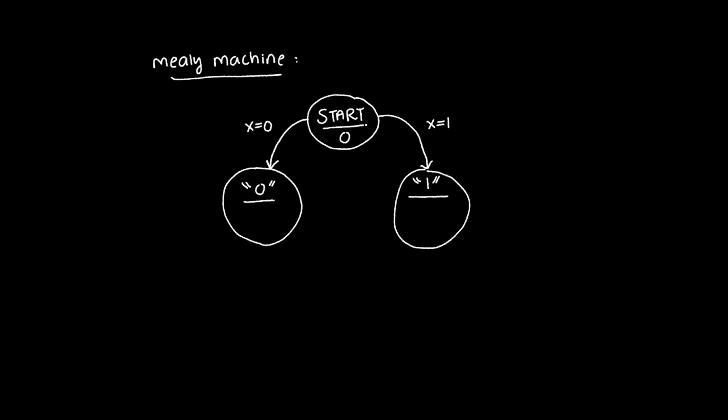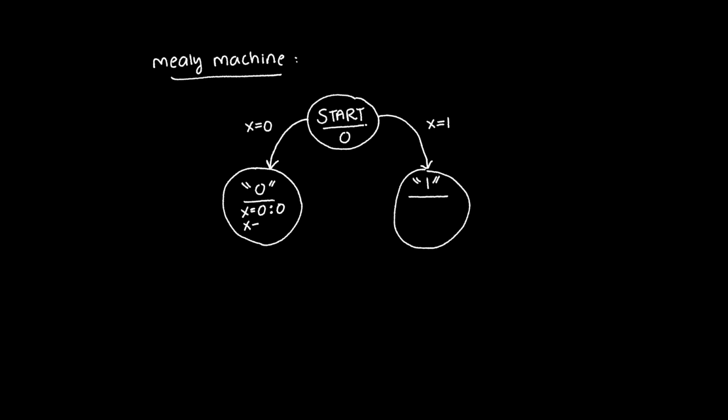Okay, and now in the Mealy machine, that's it. There are no more states. So I'm going to show you how this works. If I'm in the state where a 0 has been detected, that's this state right here, and I get another 0, then I am simply going to output 0.